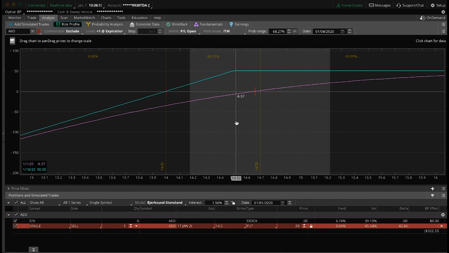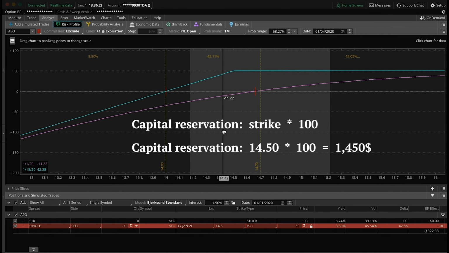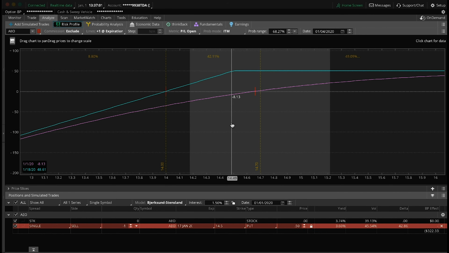So while the margin for this trade may not be all that high to open, I would still always reserve the full $1,450 in the event of taking assignment of 100 shares. That's how much it would cost to hold the 100 shares at $14.50. So trading these cash secured is definitely a good idea, and it makes the trade much safer.